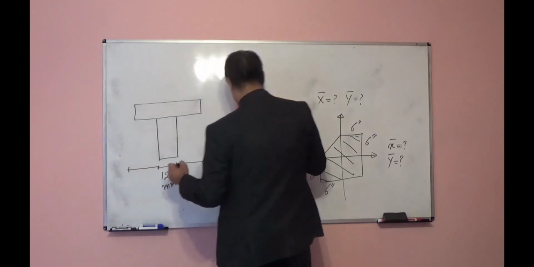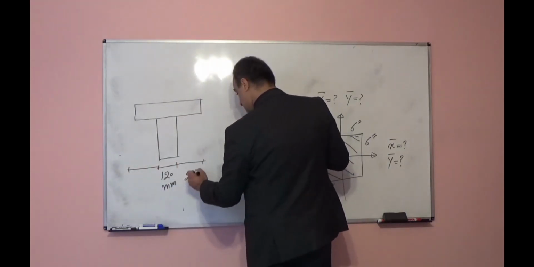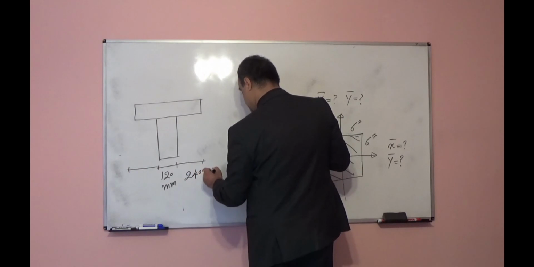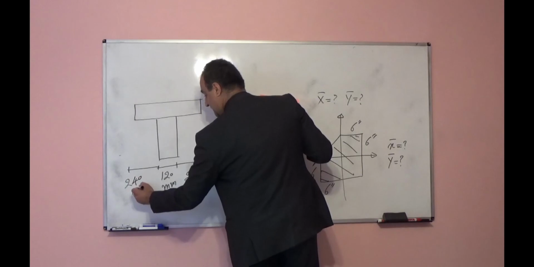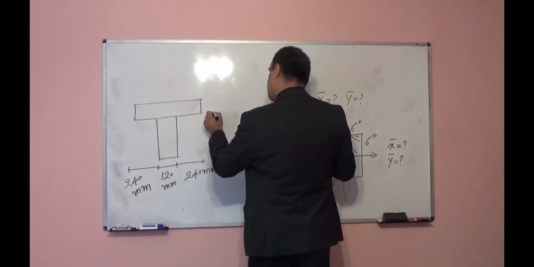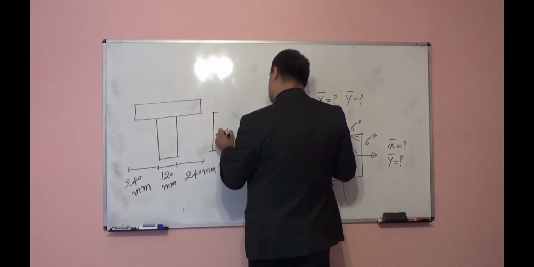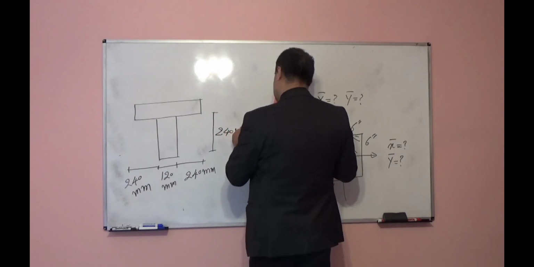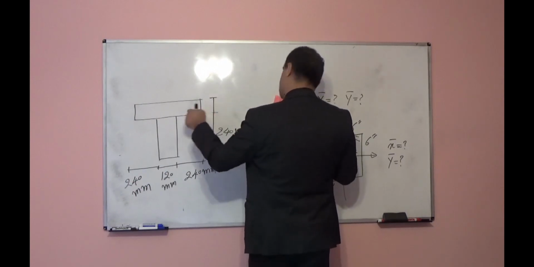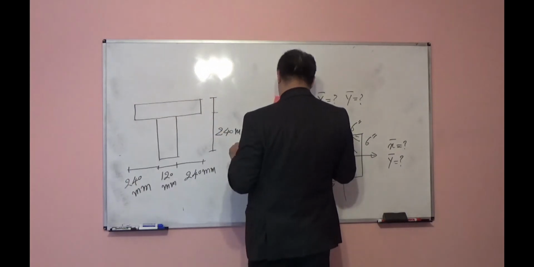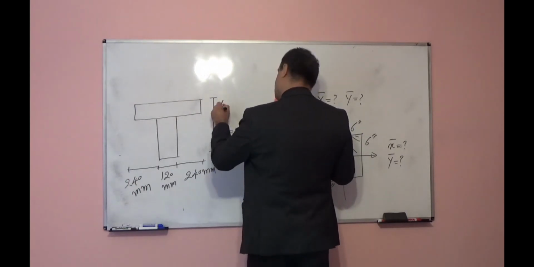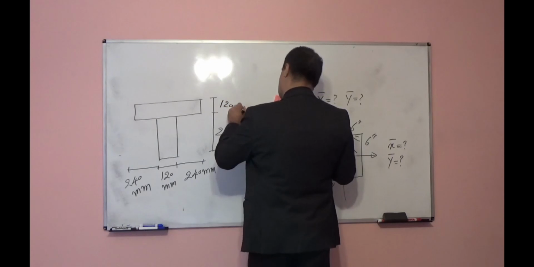The flange on each side is 240 millimeter. The height of the flange is 240 millimeter, and the height of the web is 240 millimeter, and the thickness of the flange is 120 millimeter.